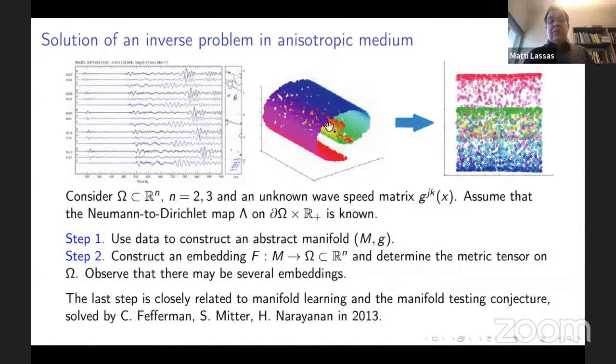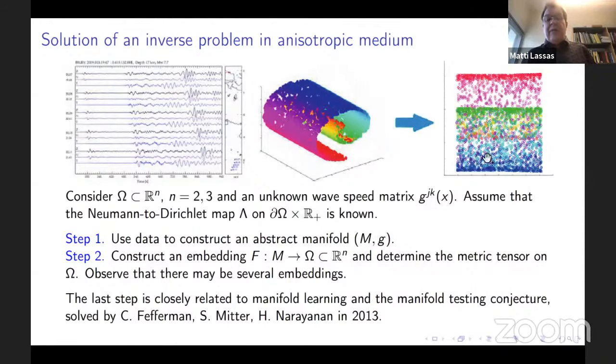And then you want to take this abstract manifold and embed it into the Euclidean plane. So you first use data to reconstruct the abstract Riemannian manifold, and then you construct an embedding of it in R^n, like R^2 in this picture.